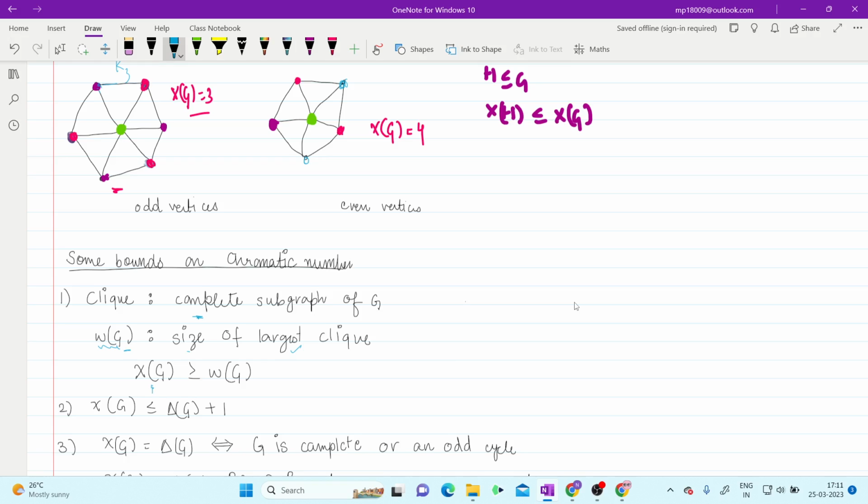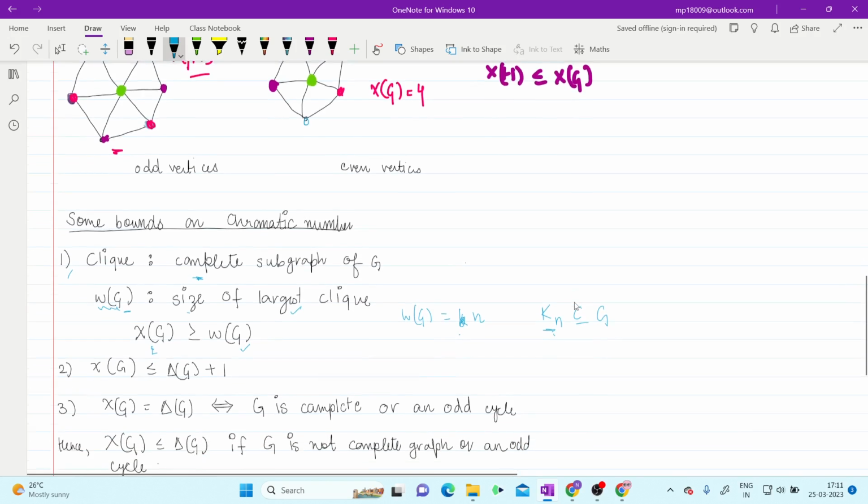The chromatic number of G will always be greater than or equal to the size of the largest clique, because if the size of the largest clique is n, then Kn is a subgraph of G. Previously in examples we have seen that the chromatic number of Kn is n. Therefore, the chromatic number of G will be greater than or equal to n. So this is the first lower bound on the chromatic number.